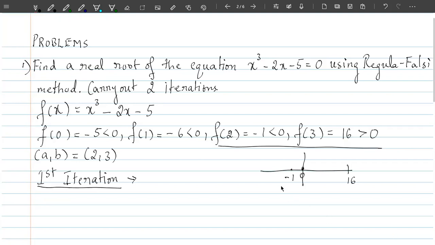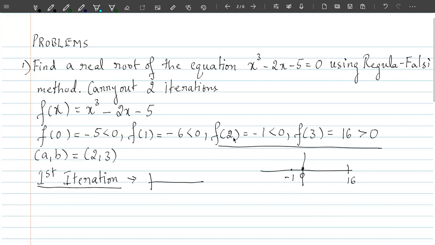Out of these two numbers, −1 is more close to 0 when compared to 16. So that says that your required root should be close enough to 2 than to 3.